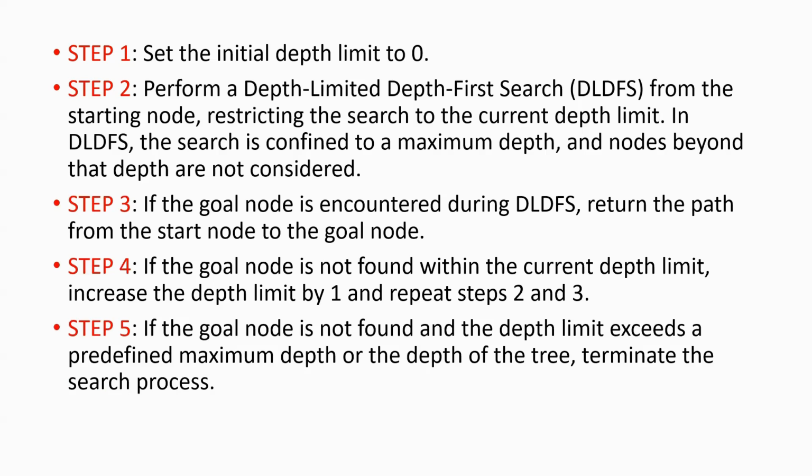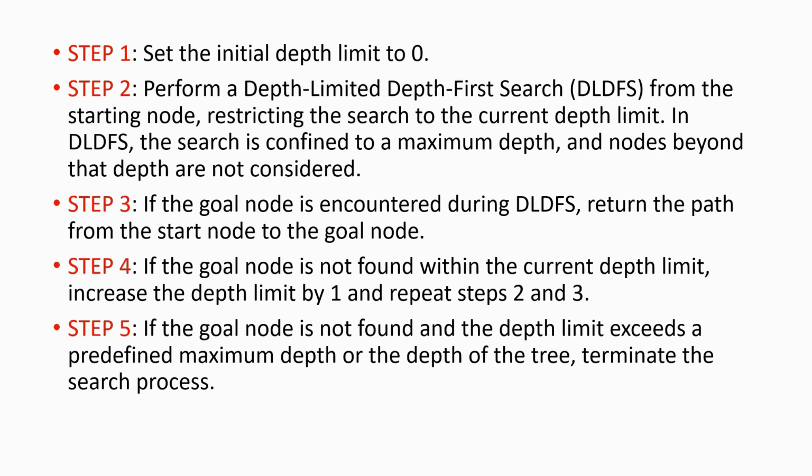So if the goal node is not found and the depth limit exceeds the predefined maximum depth or the depth of the tree, right? Then terminate the search process. The search process terminates under two conditions if the goal node is still not found: the predefined maximum depth and the depth of the tree.